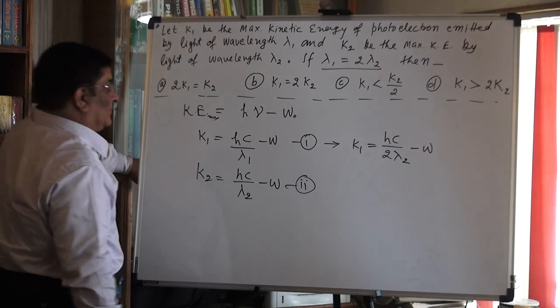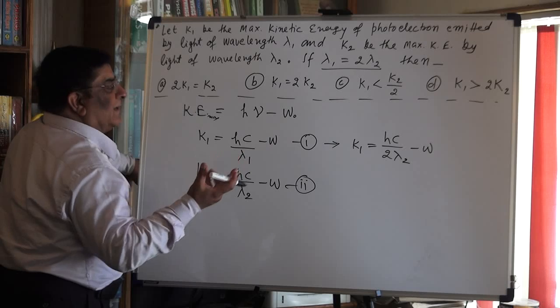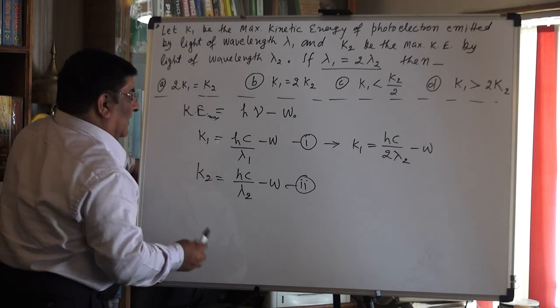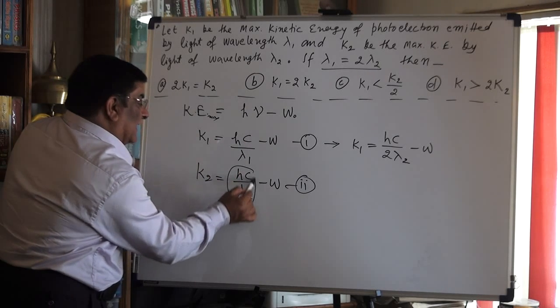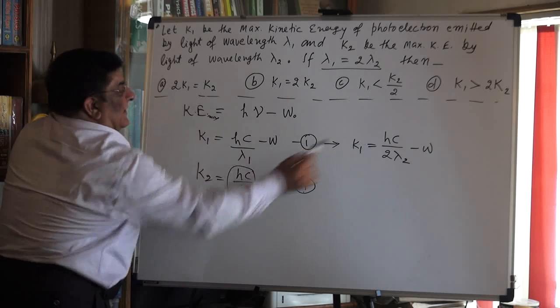Now we have to compare the two. We can use different methods, but I would like to find the value of hc upon lambda 2 from this equation and put it here.